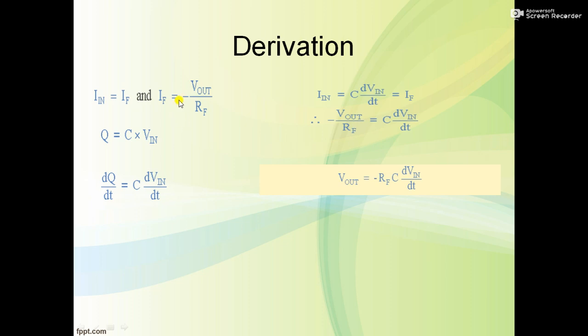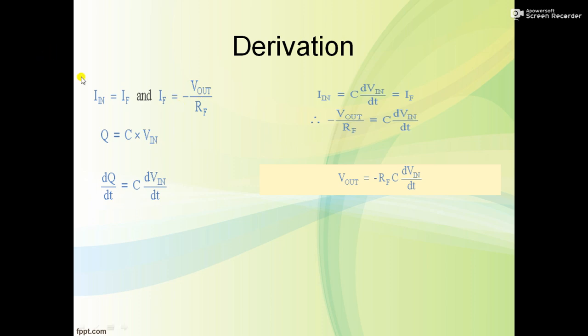So we need to write the equations of the two currents, In and IF, and here IF is given by minus Vout divided by RF.